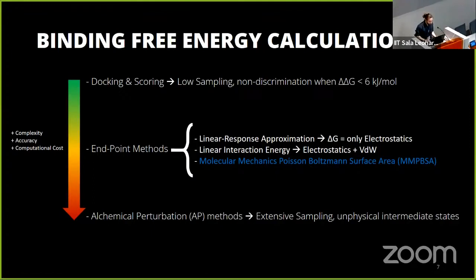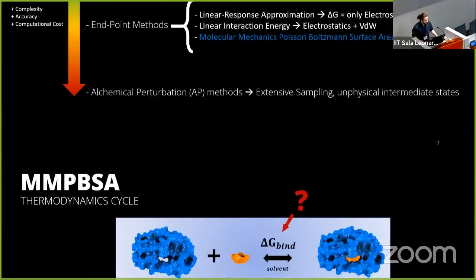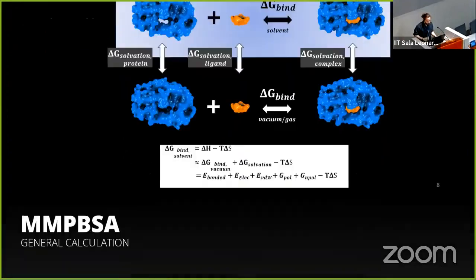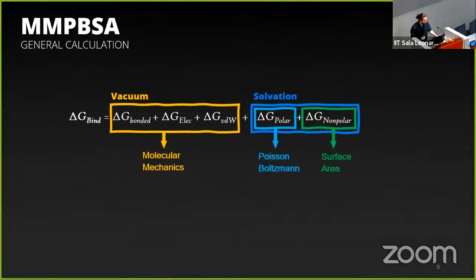MD simulations. So when we use PBSA methods, we are attempting to use a thermodynamic cycle such as this one to get to this delta G of binding in solvent. So we approximate the enthalpy to delta G of binding in vacuum plus a solvation term. Here is the general outline of a PBSA calculation.